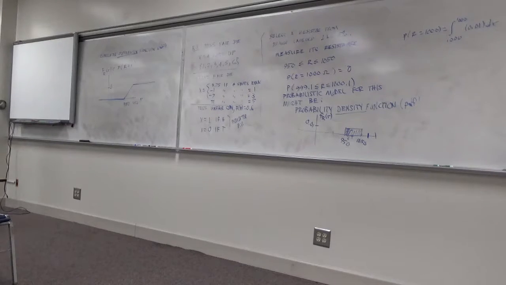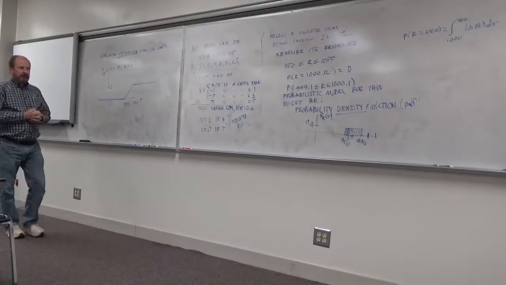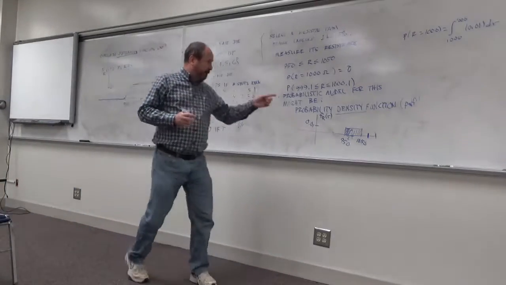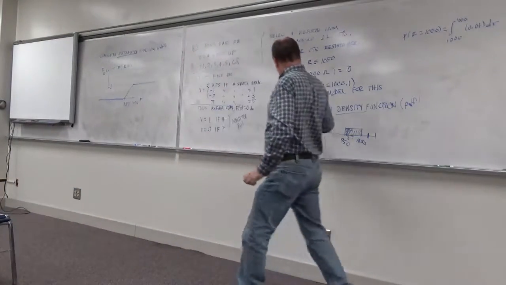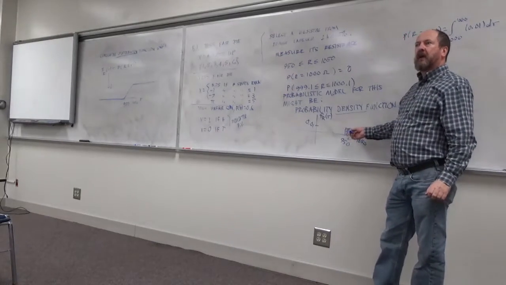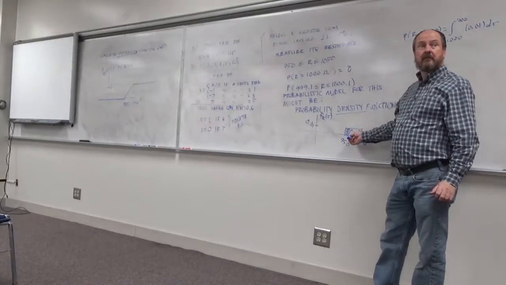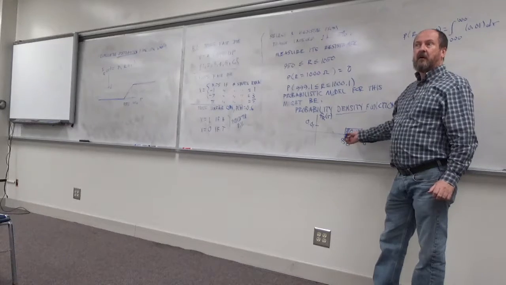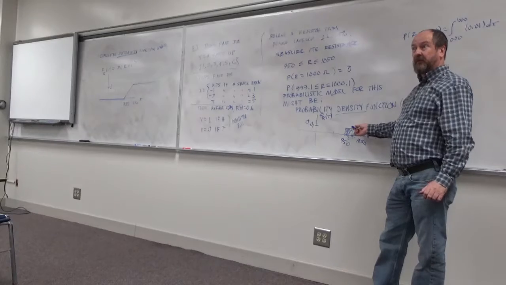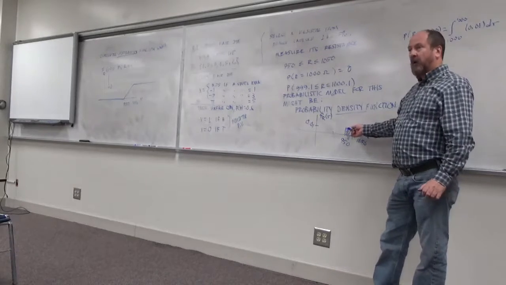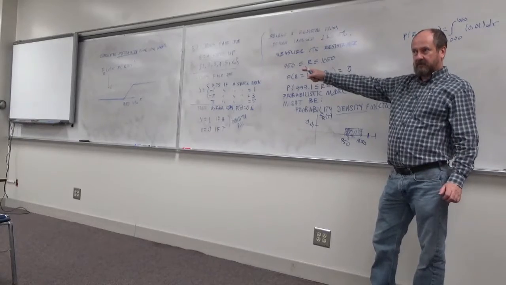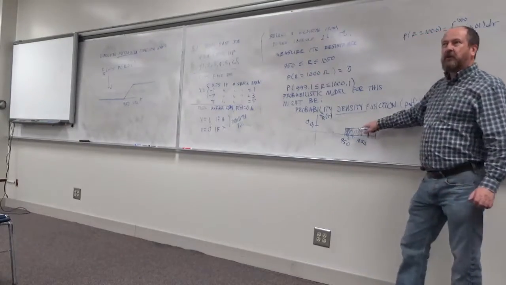Now, here is an unfortunate bit of terminology. This is sometimes called a uniform distribution. I'll let slip what it should be called. It should be called a uniform density. But people will call this a uniform distribution. That's a distribution. This is a uniform density.